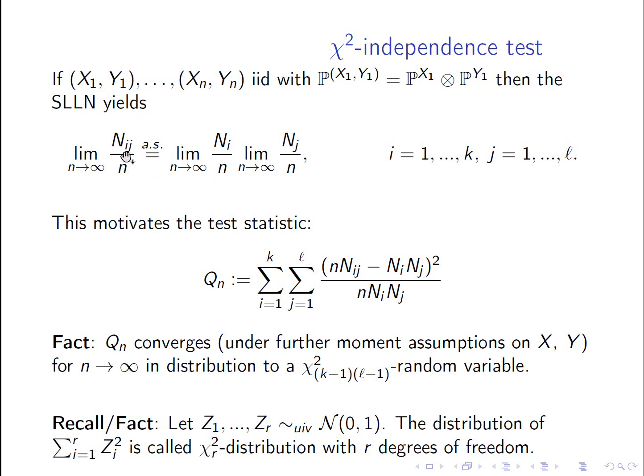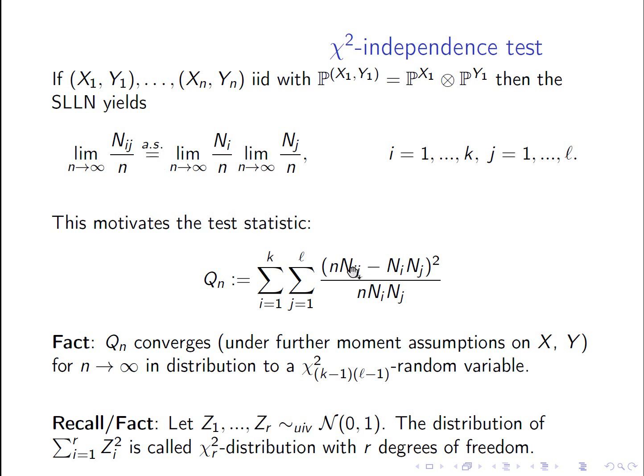So the joint relative frequencies are converging to the same values as the product of the marginal frequencies. So for n large, and if you drop the limits, these values should be close. And that motivates the test statistic here.